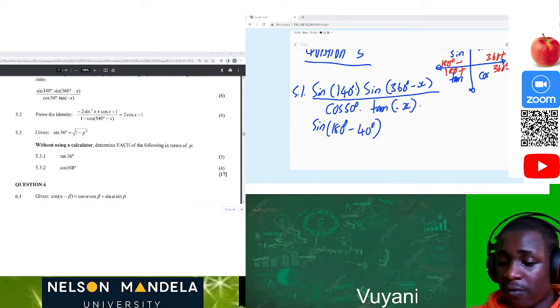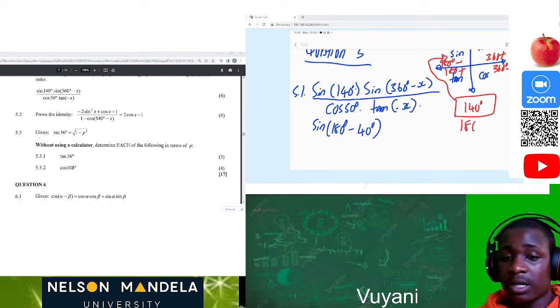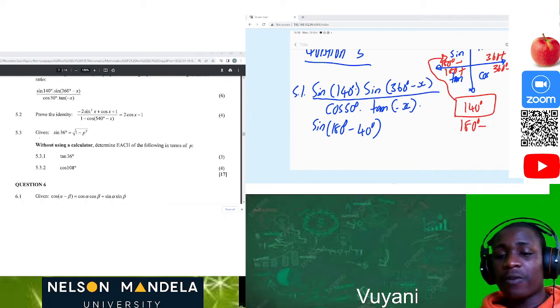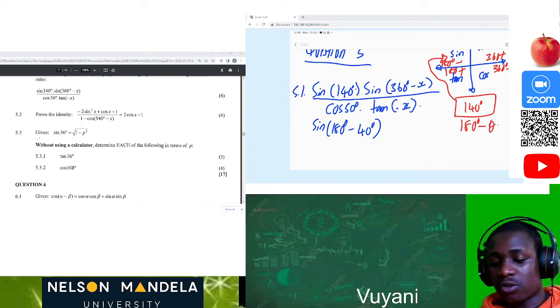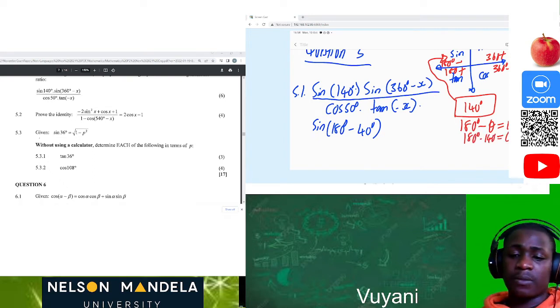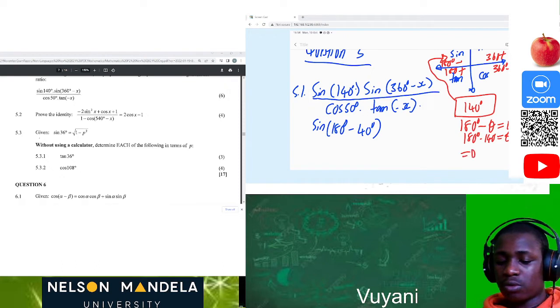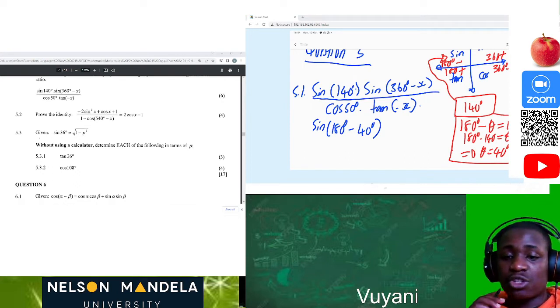We are given the angle 140 degrees, and it's in the second quadrant, where it's 180 degrees minus theta. So 180 degrees minus theta equals 140, and we must calculate theta. 180 degrees minus 140 will give us theta, so theta is equal to 40 degrees. That's how you find the acute angle when you are reducing angles.